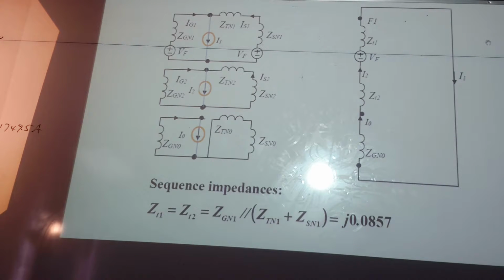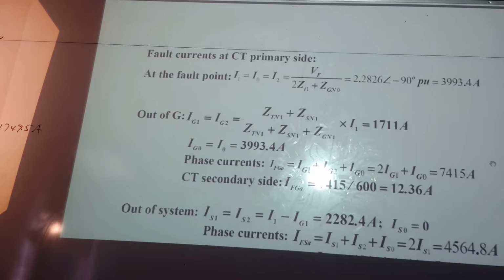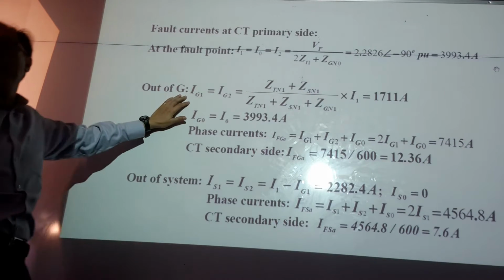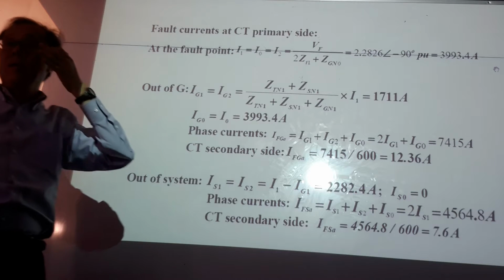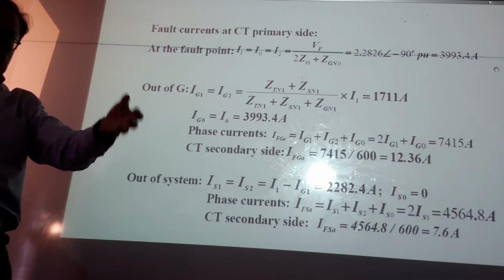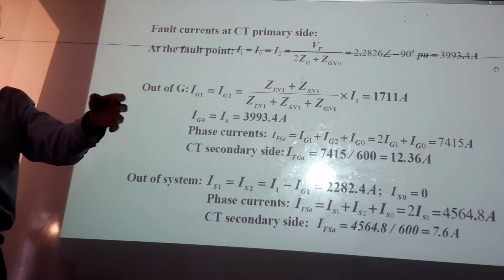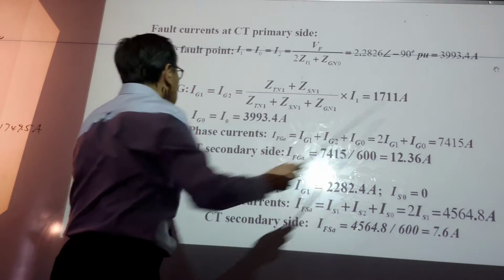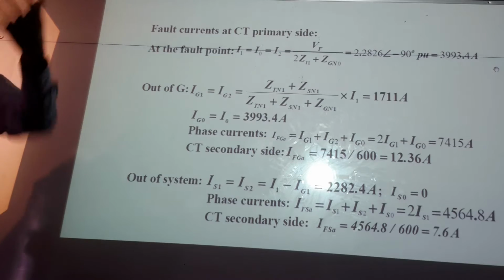So you notice that for positive sequence IG1 and negative sequence current IG2, they are the same. That's why you see here, they are the same. This is the current coming out from the generator. That means to support the positive sequence current of 4,000, 39 something, how much must the generator supply?